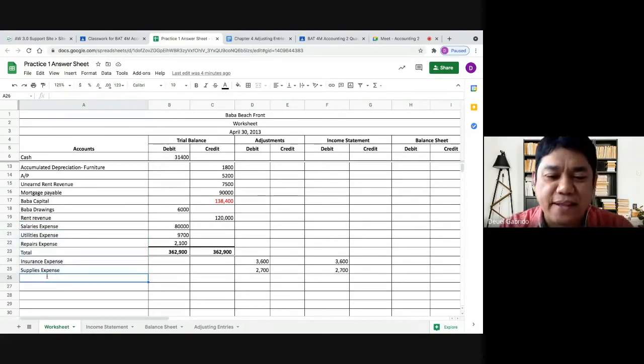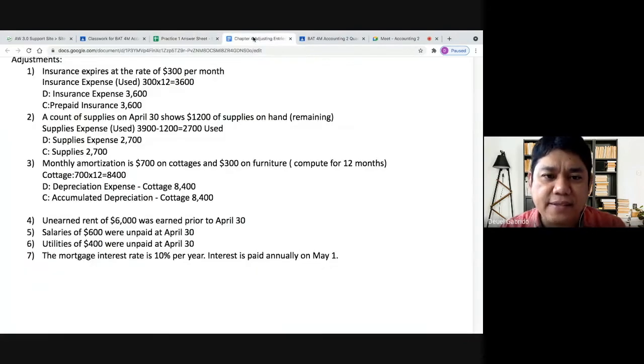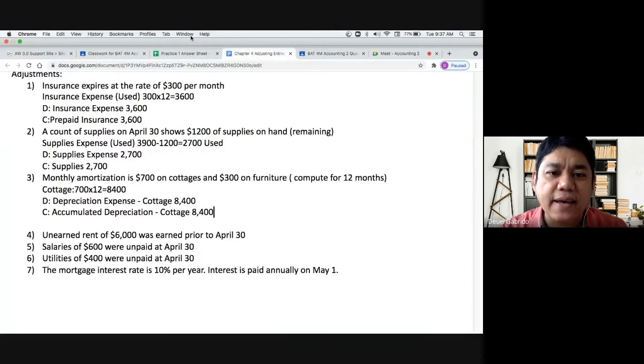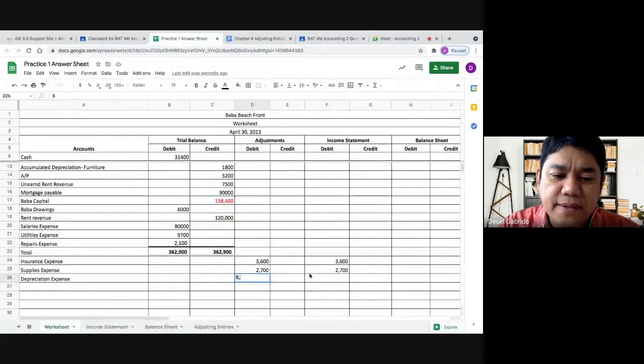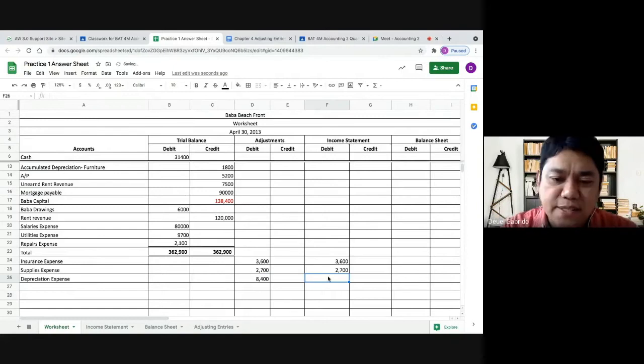And then we put depreciation expense. And I'll put, what did they put there? It is 8,400, right? It will not be confusing anymore because normally we put the expense as debit. And then, of course, we will extend it into the income statement, 8,400.